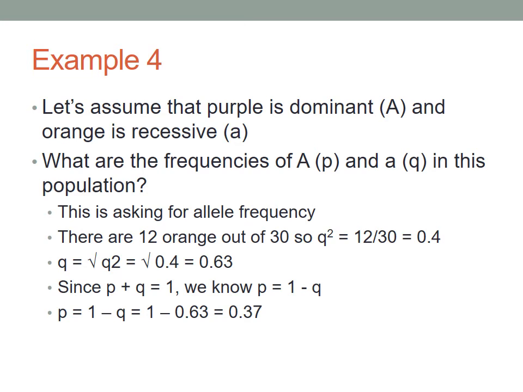So the frequency of the allele for purple, that big A, is 0.37. And the frequency of the little a for orange is 0.63. So we've calculated our allele frequencies here. And once we know p and q, we can go and calculate our genotype frequencies.